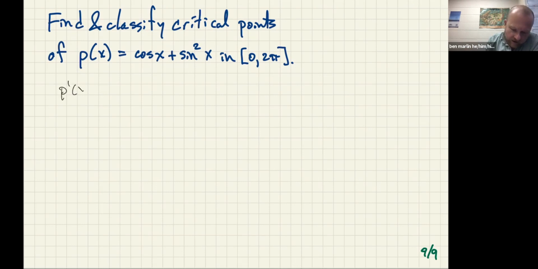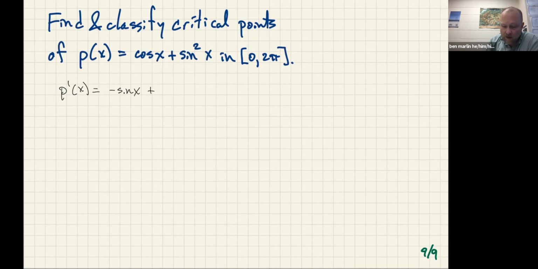So we will find p prime of x. The derivative of cosine is minus sine plus the derivative of sine squared. This means you've got a chain rule problem.